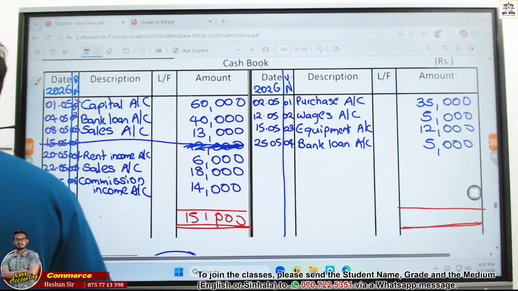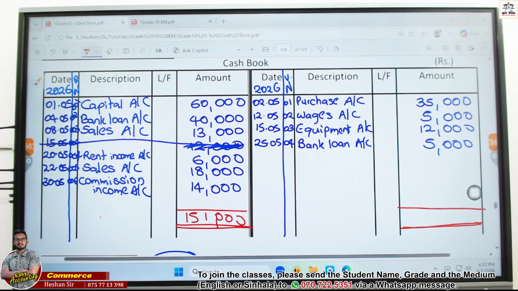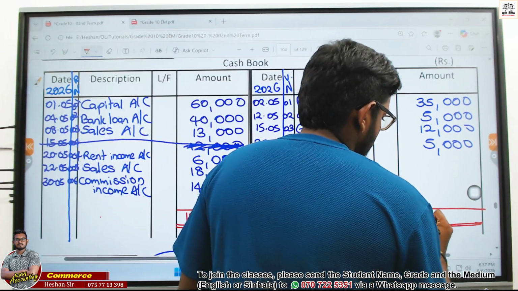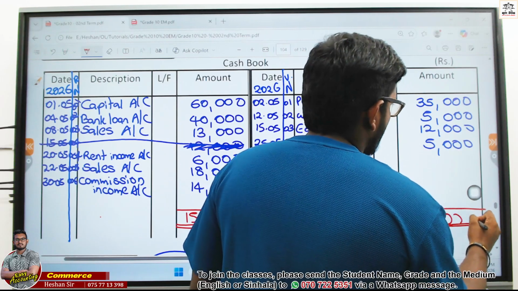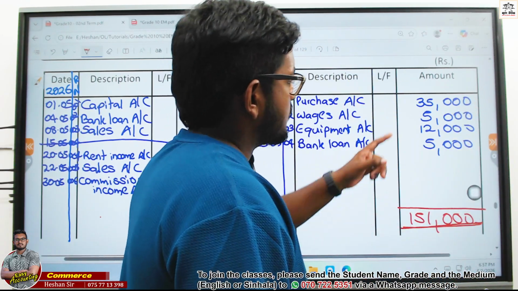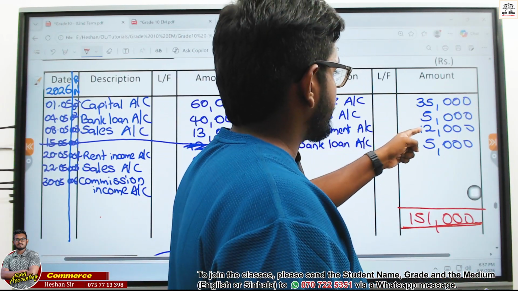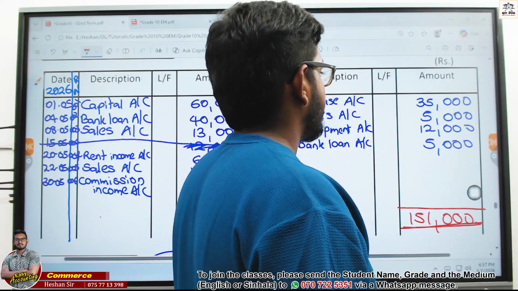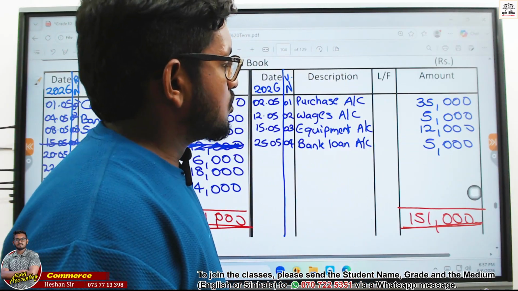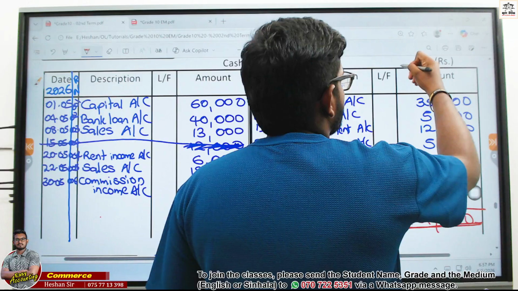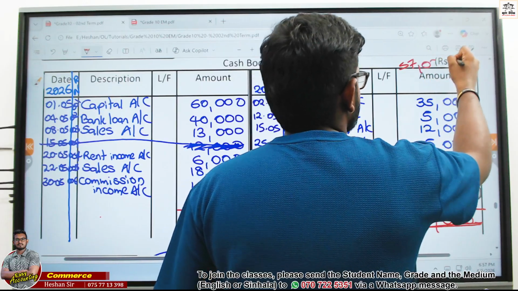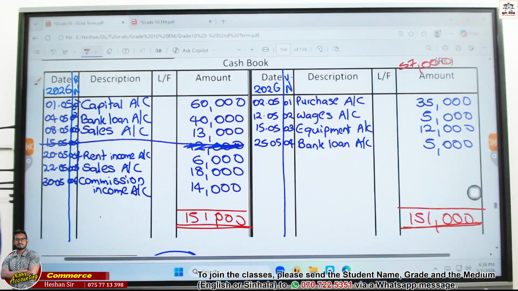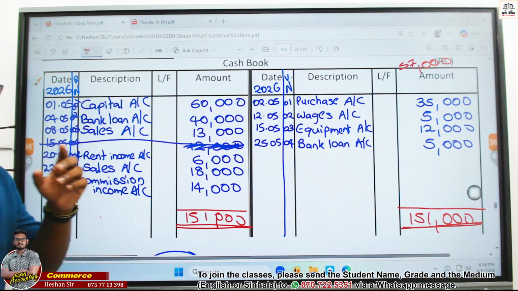I got 151,000. Can you take the total of the credit side and tell me? 35, 40, 45, right? So 55, is it 57,000? Send me a thumbs up. Credit side total 57,000. Okay.